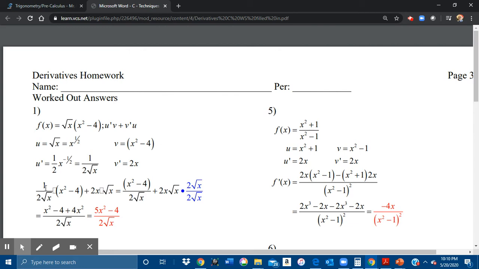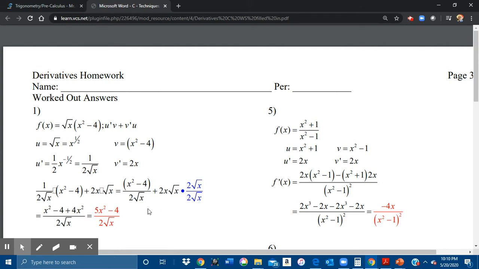Again, the derivative of 4 is 0. So u prime times v plus v prime times u. So I've got x squared minus 4 all over 2 root x plus 2x times square root of x. Now, I can multiply this one by 2 over root x times 2 over root x.